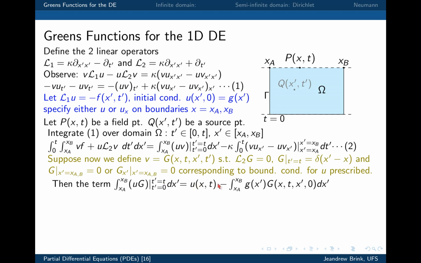So you get this u(x, t) term minus the integral from xa to xb. U, when t is equal to 0, is just g of x prime. And g, you also know, when t prime is equal to 0, is just that. Okay, provided you've now got the g that obeys these two properties.